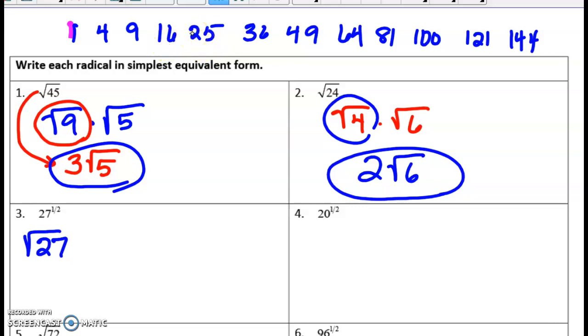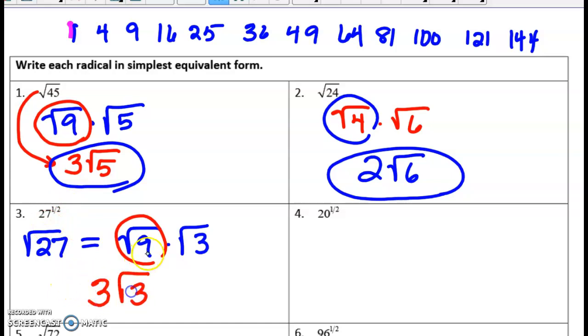If you don't know if it divides in, use your calculator and do 27 divided by 25, and you'll get a decimal answer. 27 divided by 16, you'll get a decimal answer. 27 divided by 9, that will work. That will give you 3. We know the square root of 9, so this 27 to the 1/2 would be equivalent to 3 root 3, because the square root of 9 is 3.